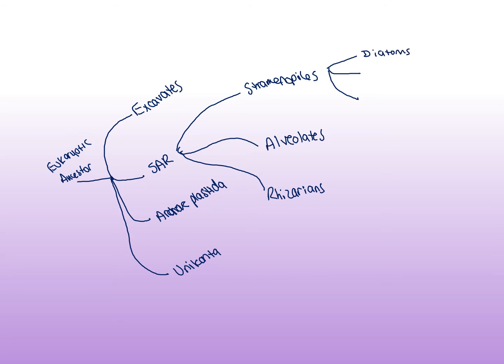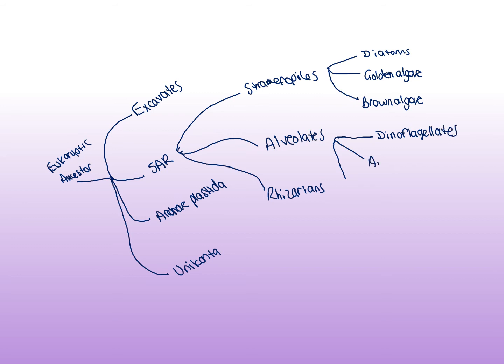Okay, then the straminophiles divide into three. So this starts getting a little bit more complex, right? So we have the diatoms. And then we have the golden algae. And then we have the brown algae. And then the alveolates divide into three.